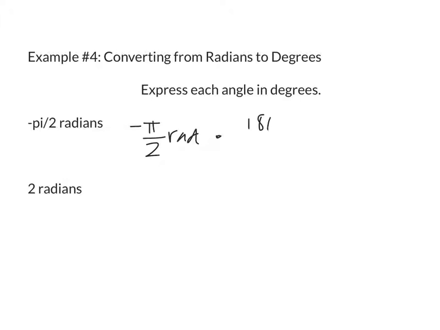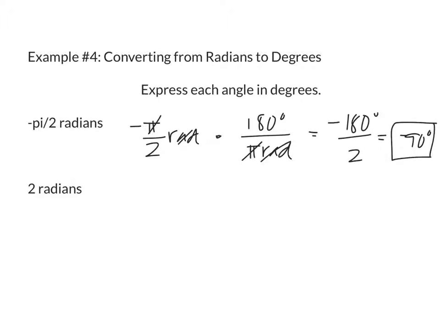So this is 180 degrees over pi radians. The pi and the radians cancel out, so this becomes negative 180 degrees divided by 2, which is negative 90 degrees.